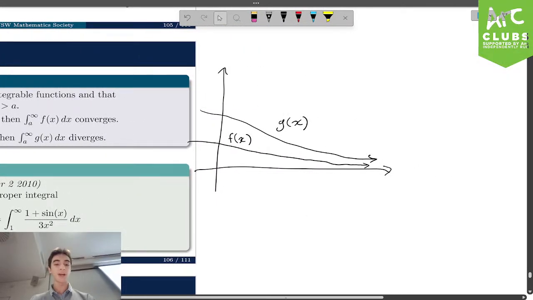And this is kind of common sense when you think about it, right?